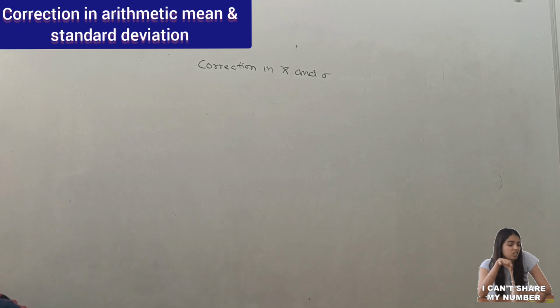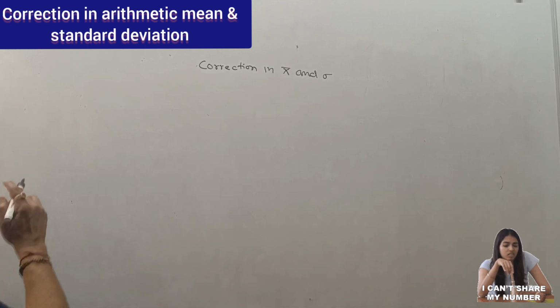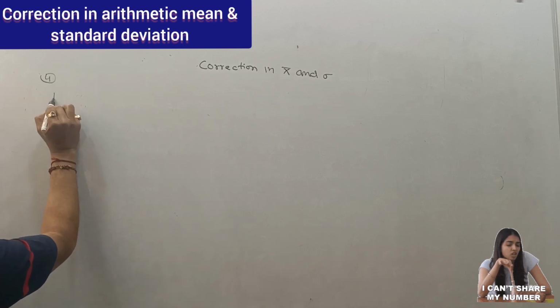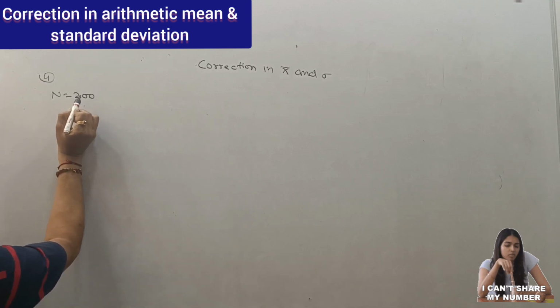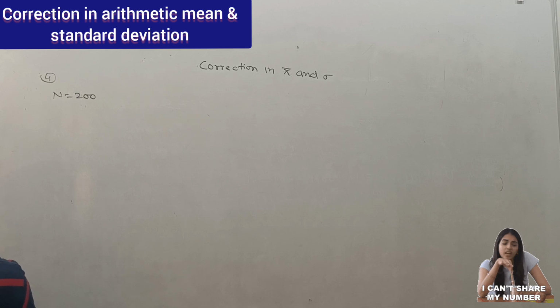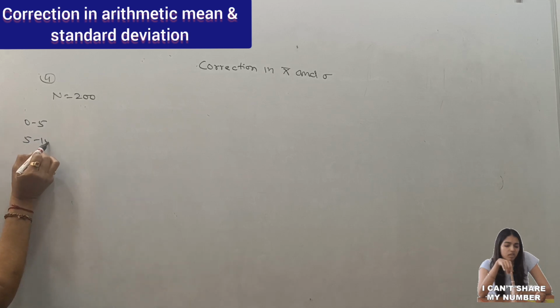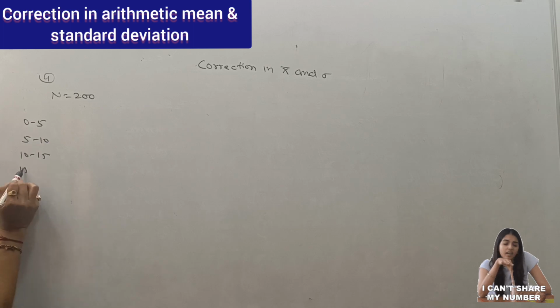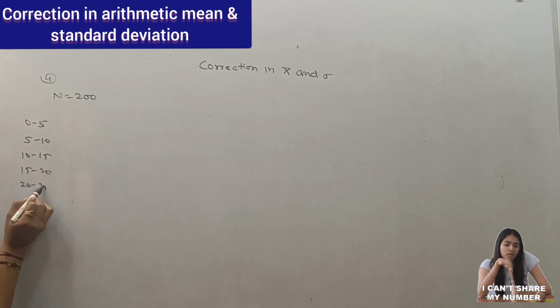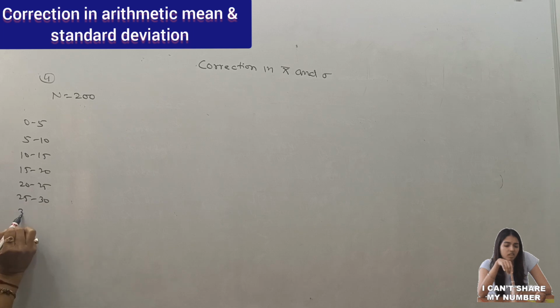For the frequency distribution of marks in history of 200 candidates, the groups are 0 to 5, 5 to 10, 10 to 15, 15 to 20, 20 to 25, 25 to 30, 30 to 35, and so on.